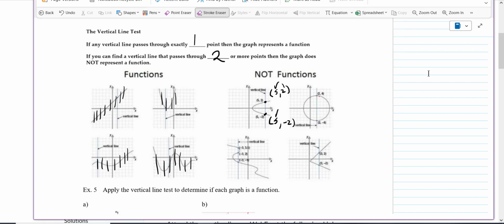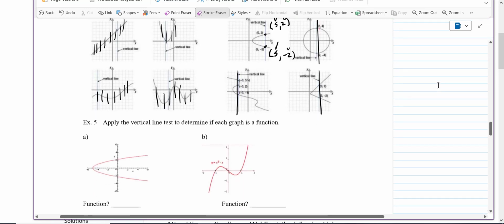If you have 2 or more y values for the same x, then it's not a function, so that fails the vertical line test. This one fails, this one fails, that one fails. All you have to do is find one vertical line that goes through 2 or more points, then it's not a function. The vertical line's always just going to go straight up and down. We have what we call a horizontal line test, but we're not there at this point.